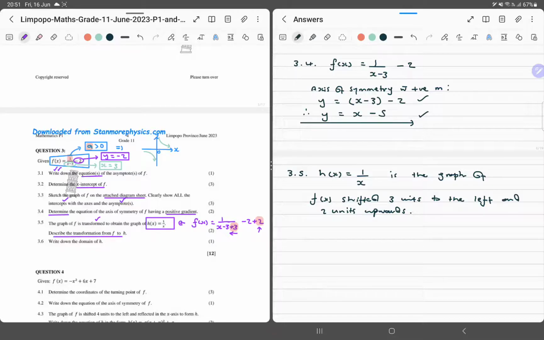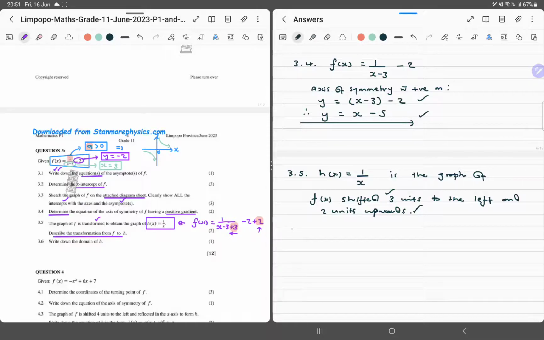Great, that's it. So you've described the transformation, the 3 units to the left horizontally. Perhaps we should say that the 3 units to the left horizontally and 2 units upward vertically. But I mean up and left, I think it makes sense. Let's just not say too much. Otherwise we're going to start becoming ridiculous.